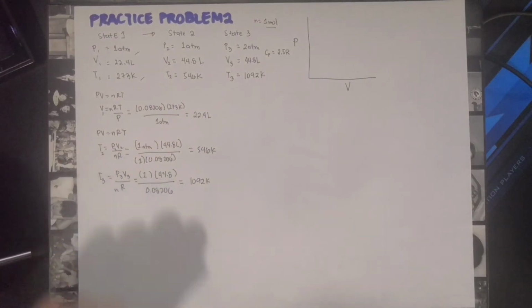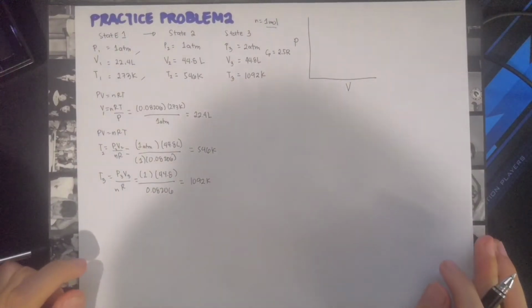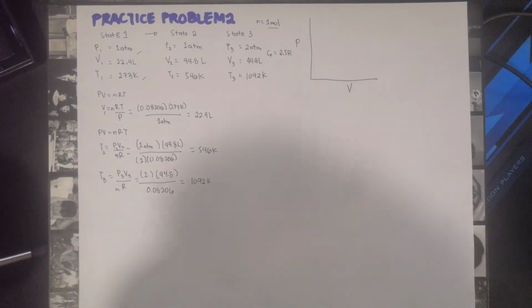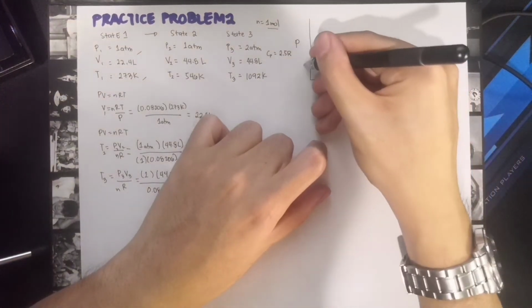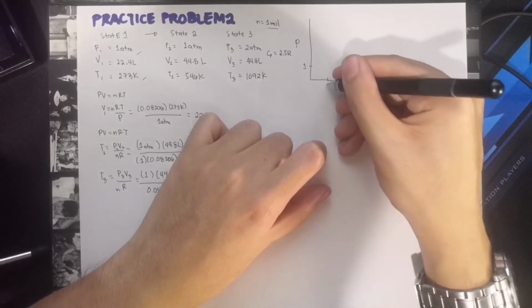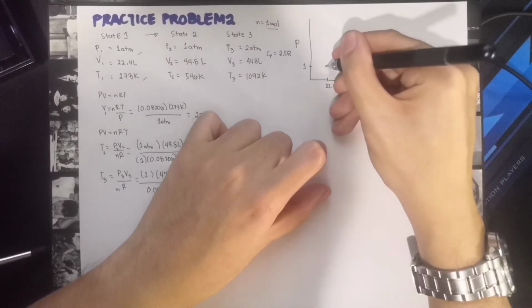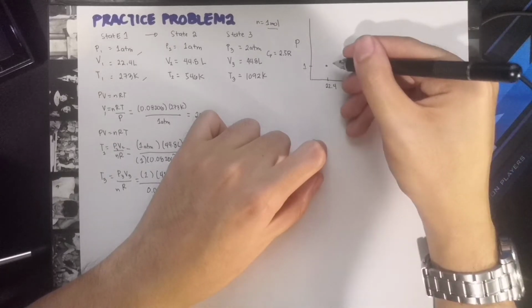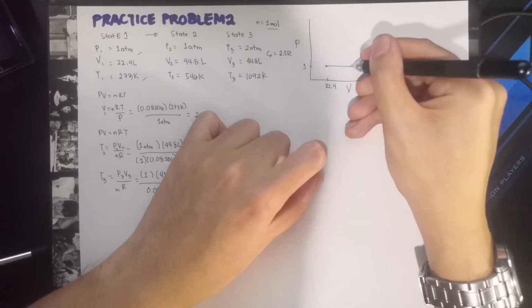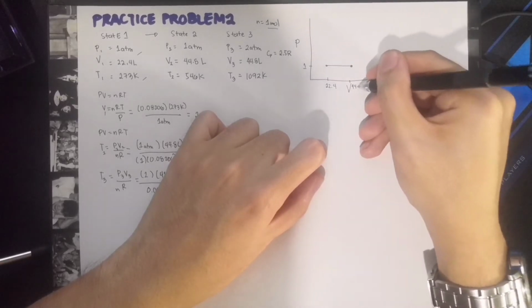So to make our calculations more accessible, what I prefer is I draw the PV diagram, because to calculate for the work effects, we just get the area under our process. So our state 1 is at pressure of 1 atm and at volume of 22.4 liters. We can put it here. Going from state 1 to state 2, it has the same pressure but it doubles in volume, 44.8.